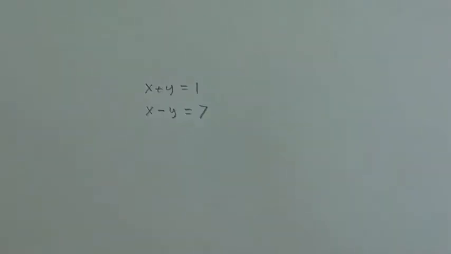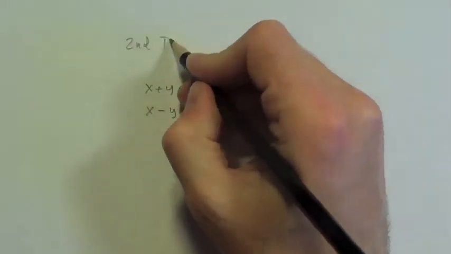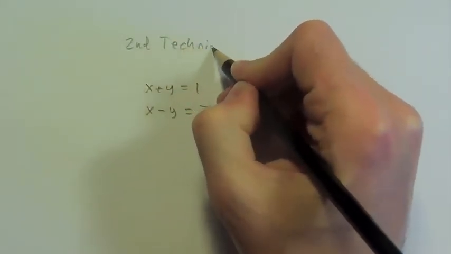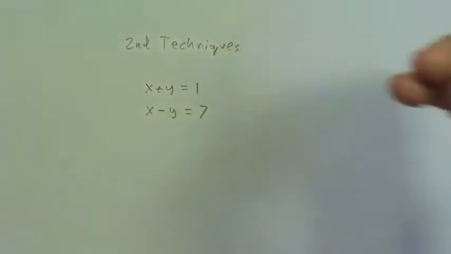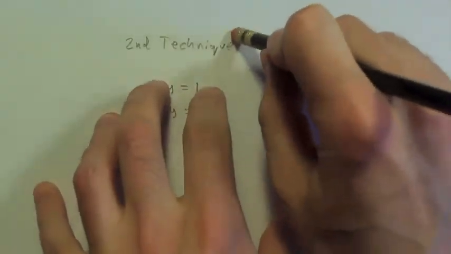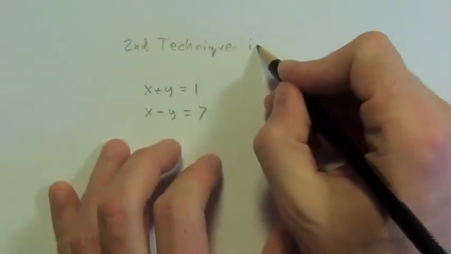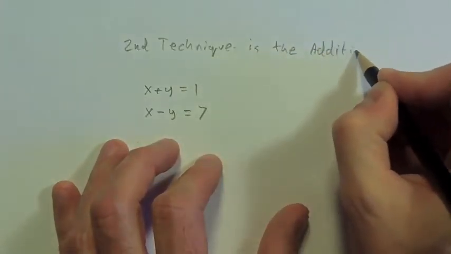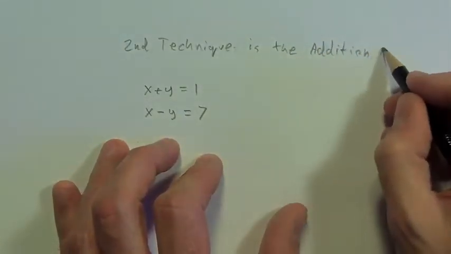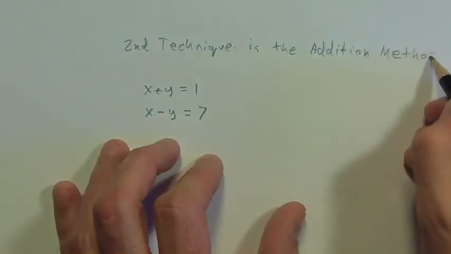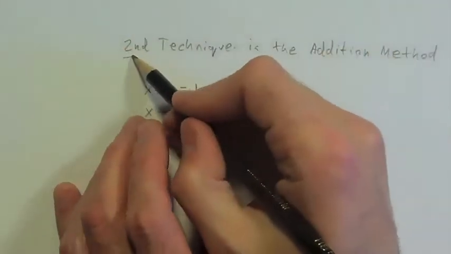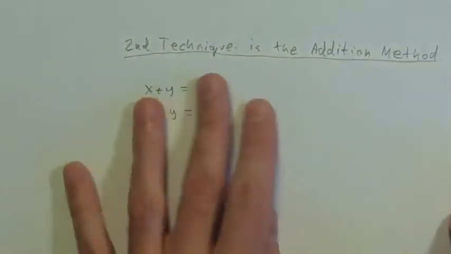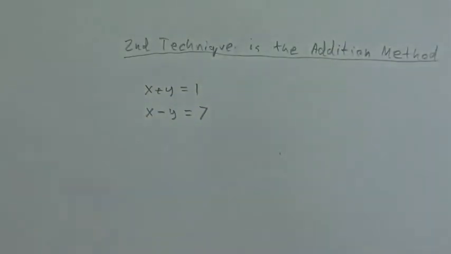Okay, so the second technique. And there are many, many more techniques for solving these things, but we're only really going to look at two. The second technique is the addition method. Okay, and the thing about this is, yes, you could solve everything with a substitution method, but it's actually the longest way to go about it sometimes.